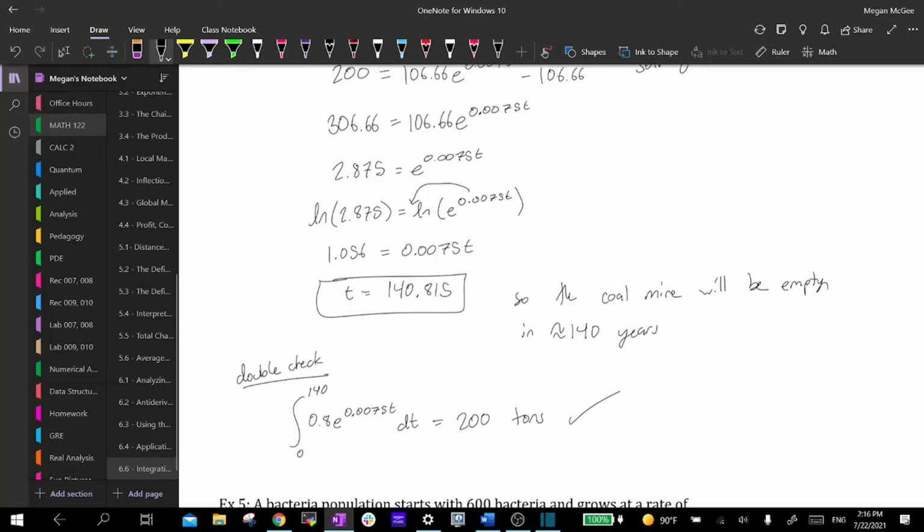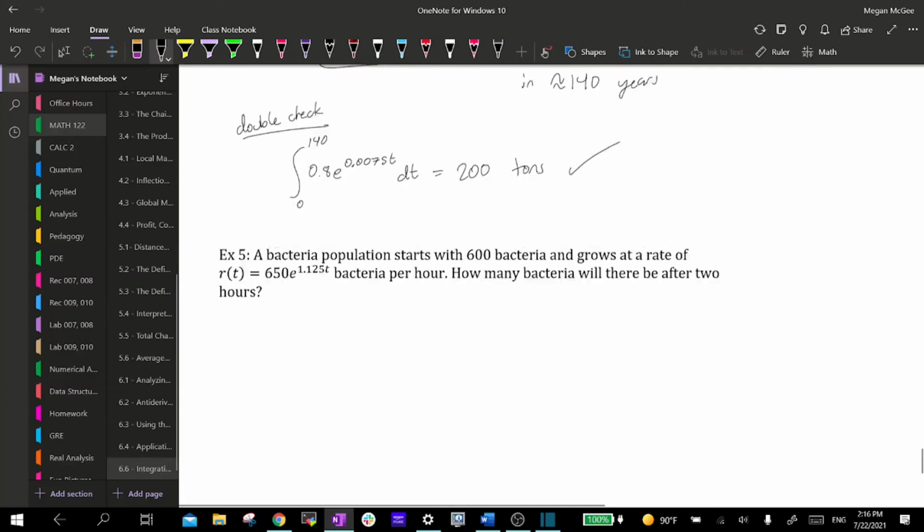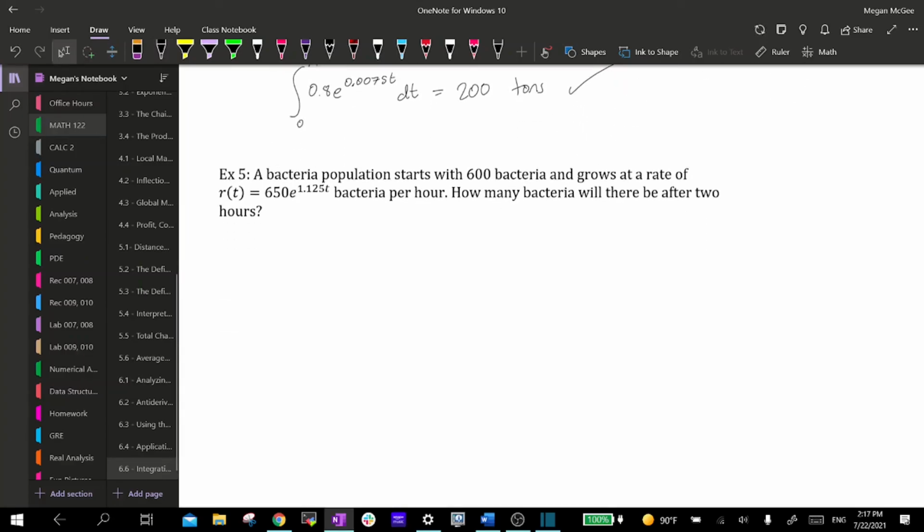All right, I know I said this was going to be a long one. I promise this is our last example. Okay, so we have a bacteria population that starts with 600 bacteria and grows at a rate given here. How many bacteria will there be after 2 hours? All right, so we need to set up our integral equation.